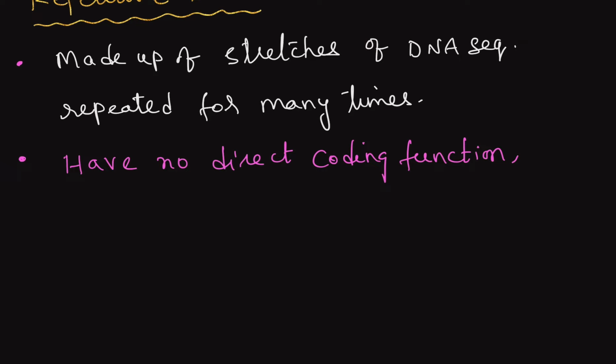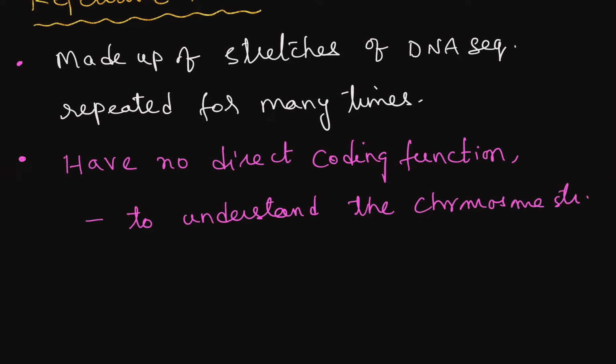According to scientists, it can be useful to understand the structural dynamics, to understand the structure of the chromosome. It might also be helpful to shed light on the evolutionary process of the DNA over a period of time.